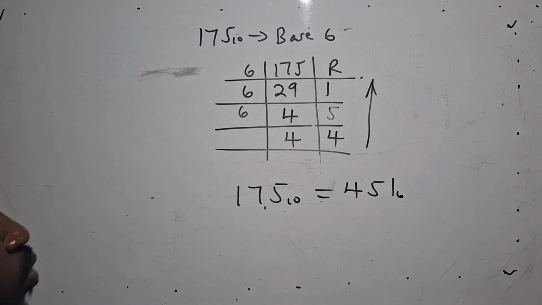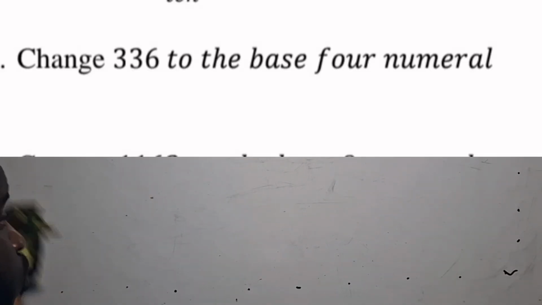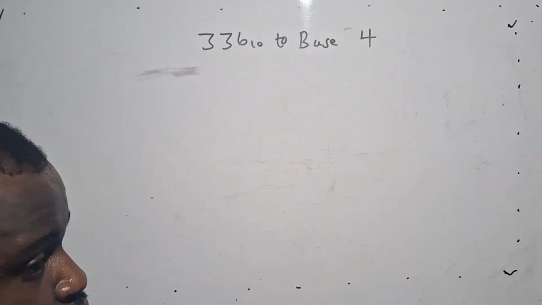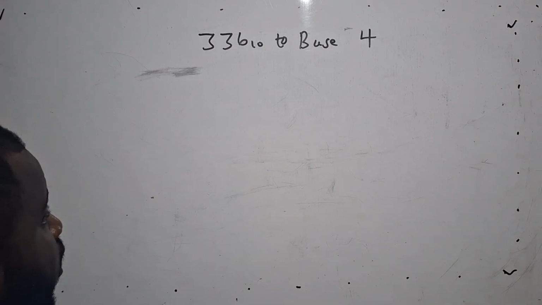So we are quickly going to take another question. As the question is posted on the screen, we have to convert 336 base 10 to base 4. So you can pause the video, solve it, then compare your answer.